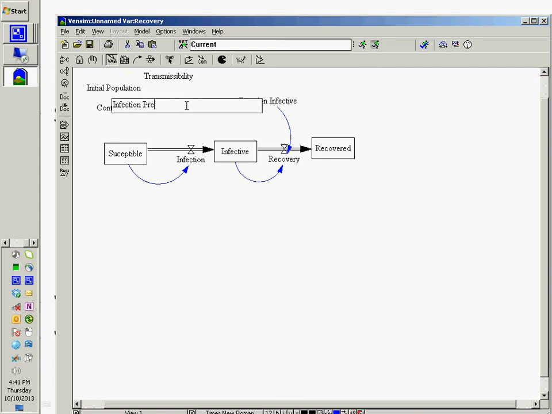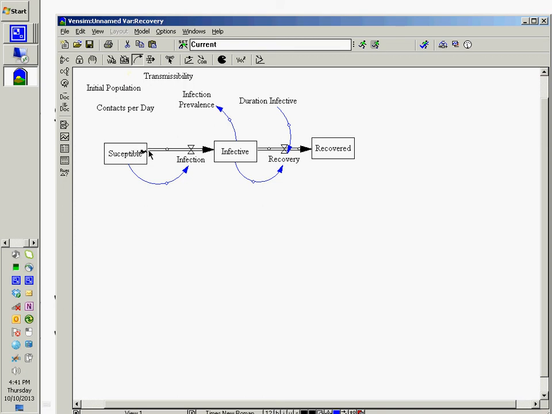Sometimes we might want to say it's a fractional prevalence, just to be very clear. It's a fraction of the population. We'll just say infection prevalence. And we'll draw a link from infective to infection prevalence. So it depends on infective. What else does it depend on, Fahad? Oh, okay, the infection prevalence, though, it depends on what?